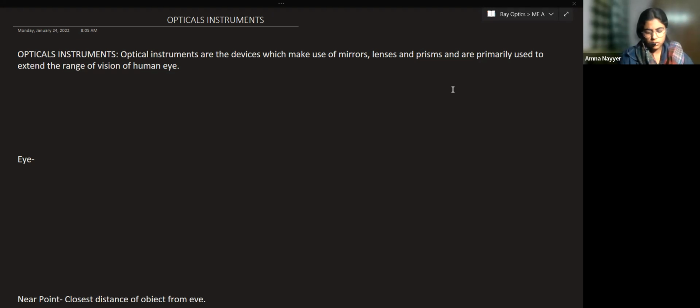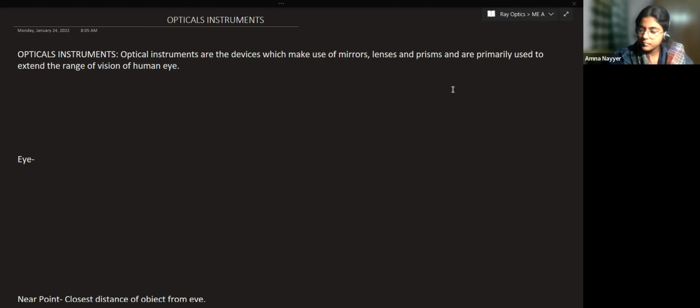Then what will we do? To enhance the range of vision, let's say about celestial objects, are we not able to see celestial objects through telescopes? So telescopes are basically optical instruments. Optical instruments are devices that make use of mirrors, lenses, and prisms to extend the range of human vision.